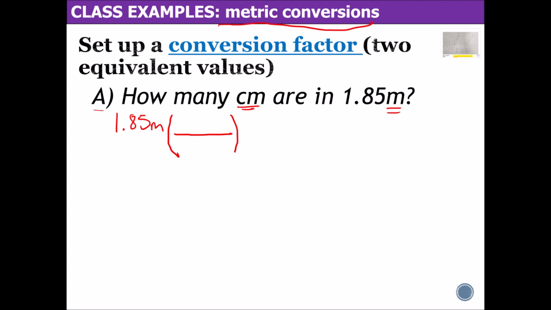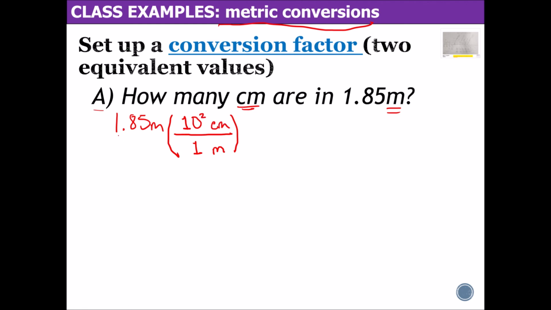I need to know what goes in the denominator. That's in the bottom. Centimeter or meter? Which one? Okay, it's going to be the one that you start with. So I'm starting with meter. That means the meter goes in the denominator. I know that 1 meter is equivalent to 100, or 10 to the second power, centimeters. That is my conversion factor.